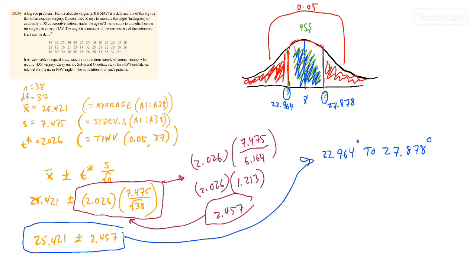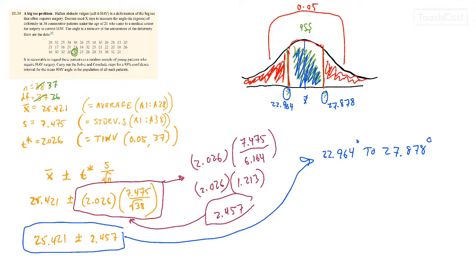Now in 20.36, they remove this outlier. And so what ends up happening is your number of samples goes down by 1. So now instead of 38, you have 37. Your degrees of freedom goes down by 1. Now you have 36 degrees of freedom. Your X bar changes. It becomes a lower number. I believe it's 24.757, somewhere around there.